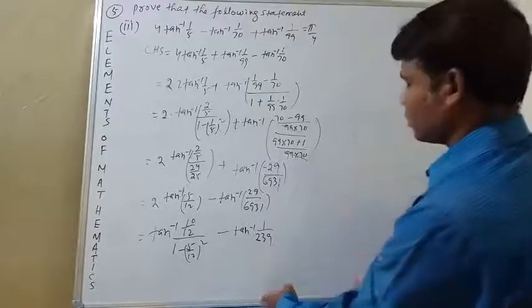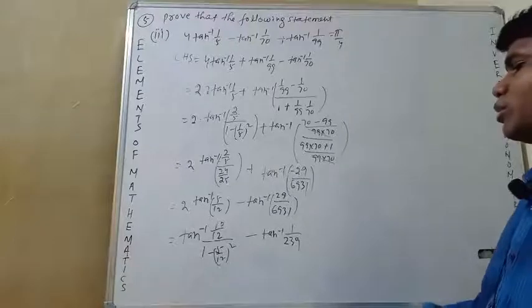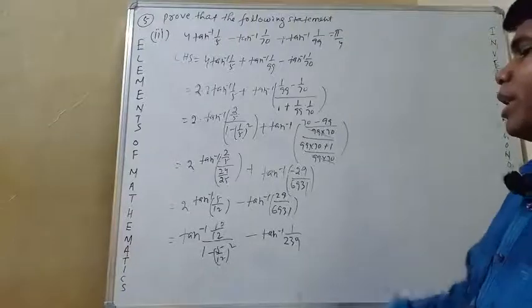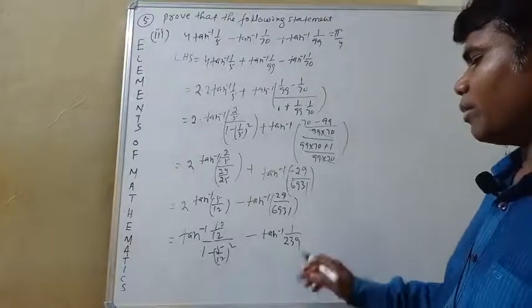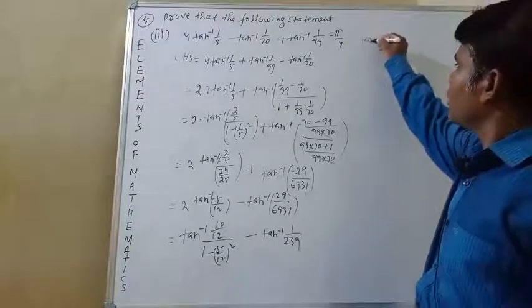Next you see tan inverse 10 by 12 divided by 1 minus 5 by 12 whole square is equal to how much?